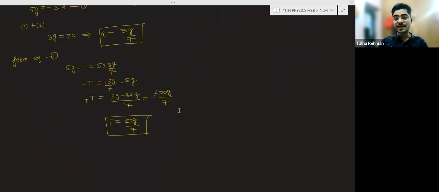And what is g? g is the acceleration due to gravity. Okay. This has the value we consider 9.8 meter per second square.